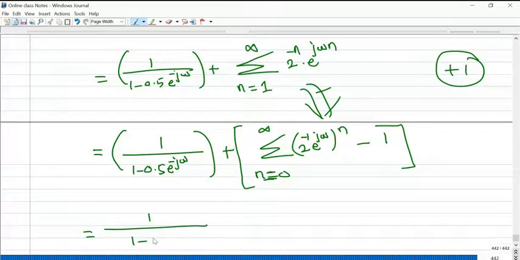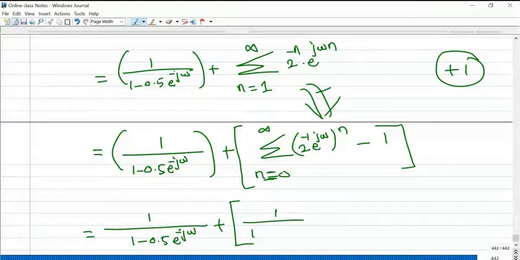1 divided by 1 minus 0.5 e power minus j omega plus summation 0 to infinity a power n, where a is 2 power minus 1, that is 1 by 2, which is less than 1 only. So 1 divided by 1 minus 0.5 e power j omega, minus 1.